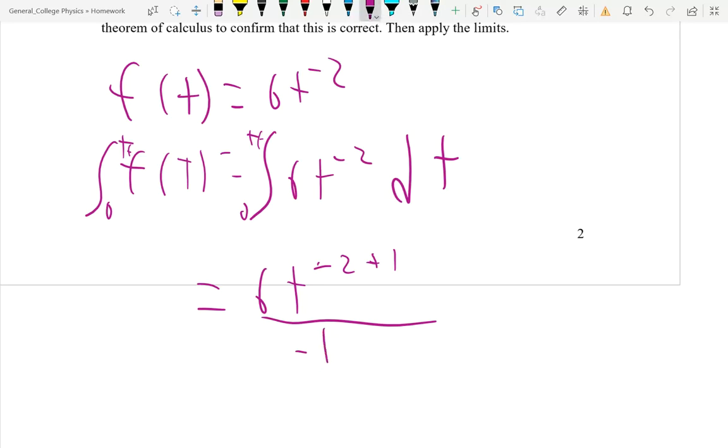All right. And then for the answer, we need to have our limits indicated here, so we put square brackets around it. At the bottom you have the lower limit, at the top you have the upper limit. Now we put in the limits, and this one's not as simple.